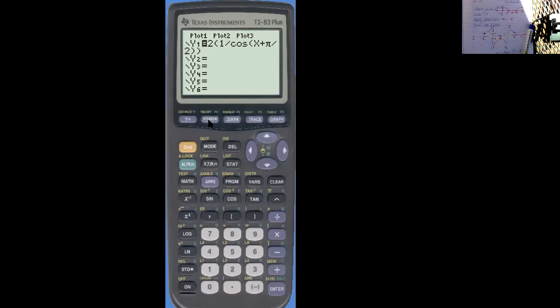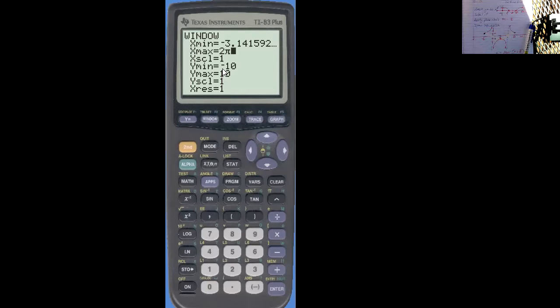I also want to check my window because we're going from negative pi to 2 pi.